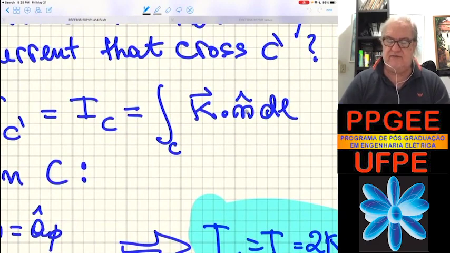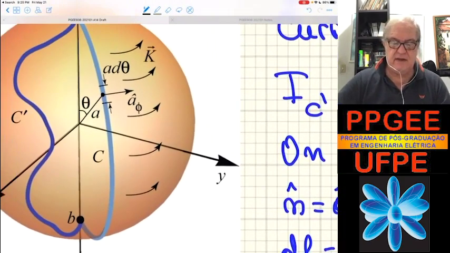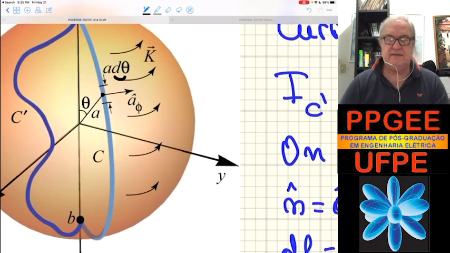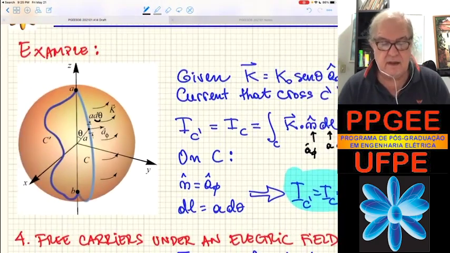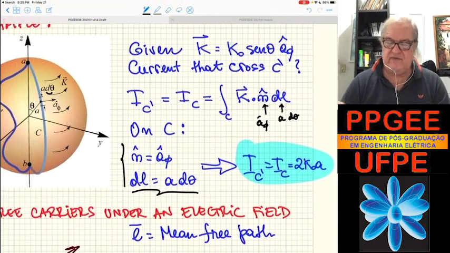N equals a phi, and dl equals a d theta. We are talking about the polar angle here, so it's a d theta, okay? So that's what we have. That's the L. So we have a simple integral.